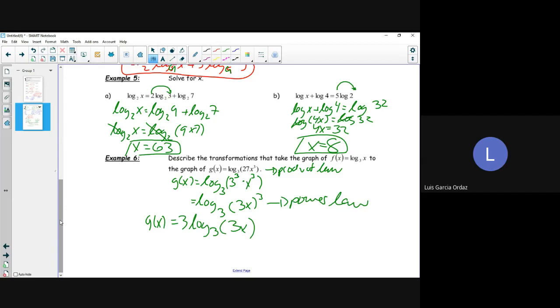So now looking at this, what types of transformations do we have? What's the first transformation? So you have a vertical stretch by a factor of 3. And what is our last transformation?